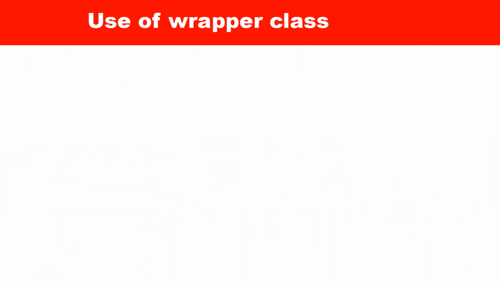Okay. Use of wrapper classes. So first, let's see the use of wrapper class Integer. In the Integer wrapper class, we will be discussing 2 of its methods. It contains many methods, but only 2 of the methods are there in your syllabus. toString and parseInt.